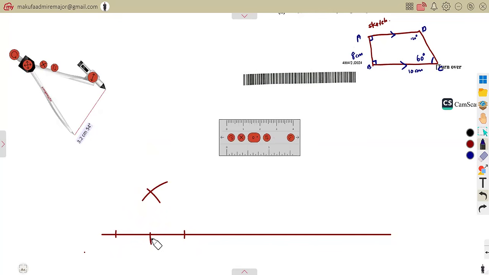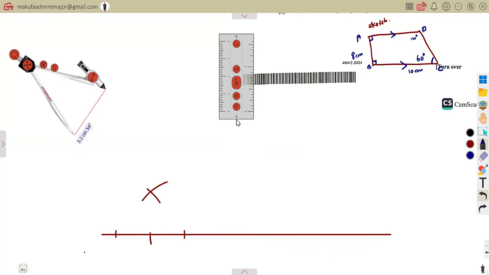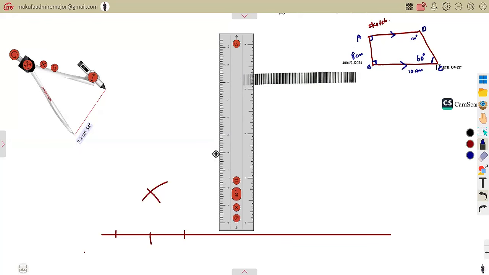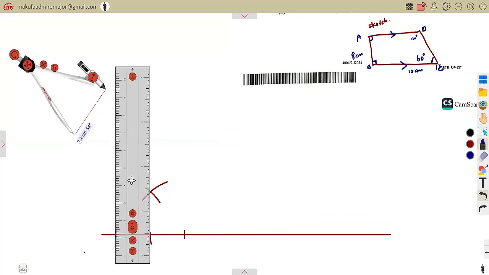Already there's a reference point here, so there's no need for us to have these arcs down here, because we already have a reference point. I'm not saying it's wrong to have that. No, I'm not saying it's wrong. You can have those points down there. But if you've got a reference point, the point that you're having here is enough. You can join up to that point just a little bit, like that.